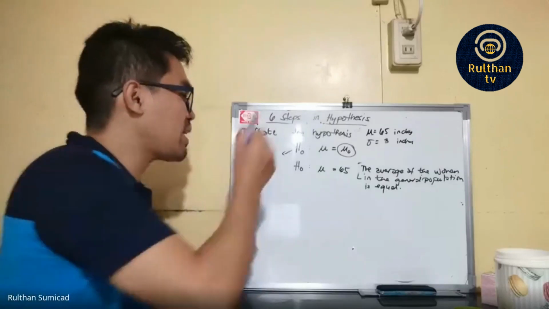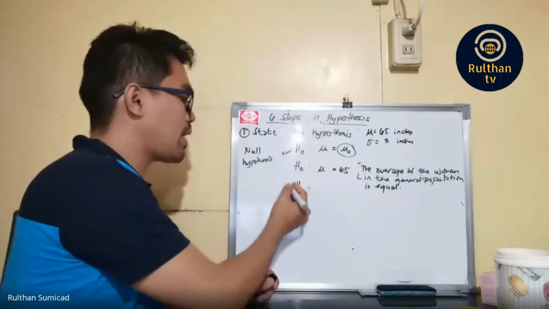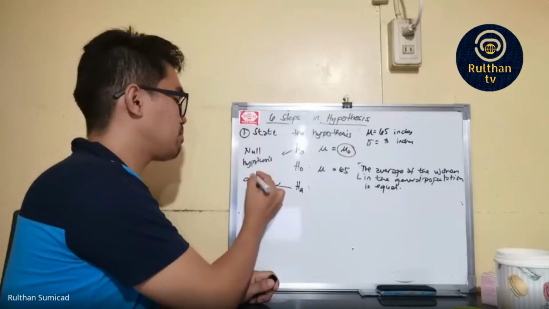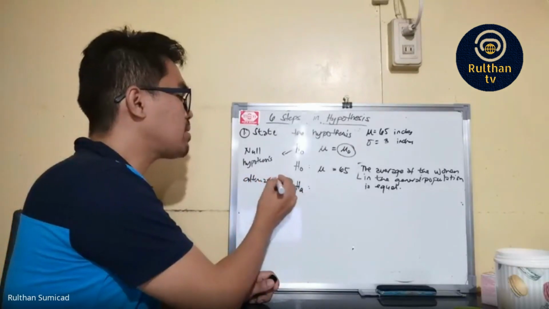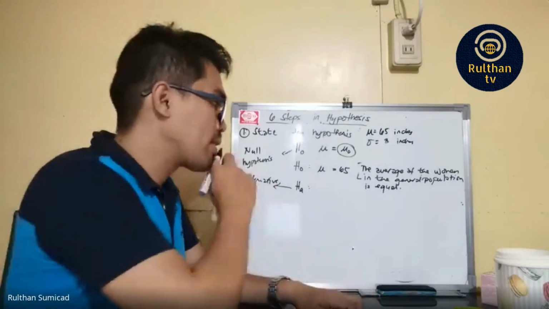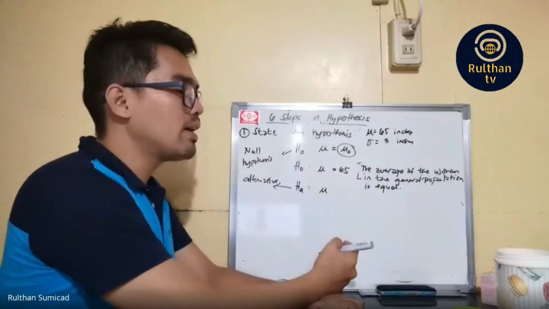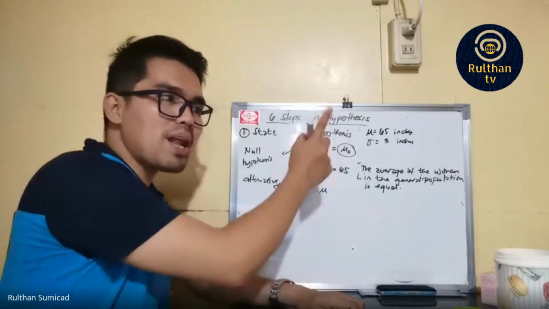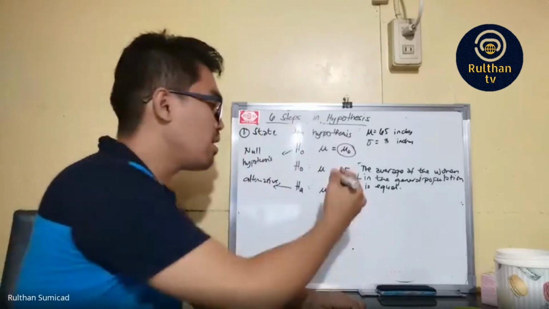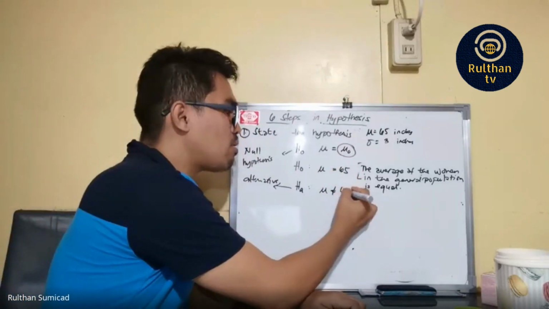So how do we state that? Using our notation H sub A, this is the alternative, the hypothesis of Dr. Tonin, which says that instead of the population mean and the sample mean being the same, they are not the same, not equal to 65.